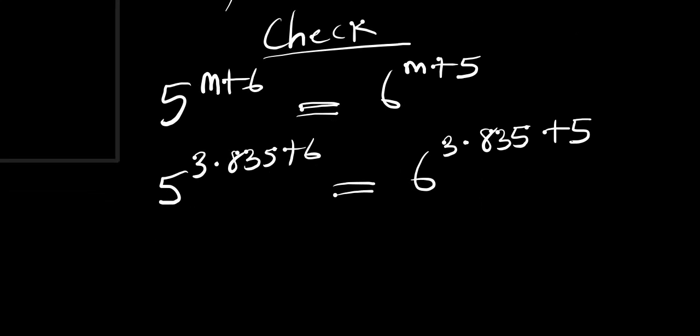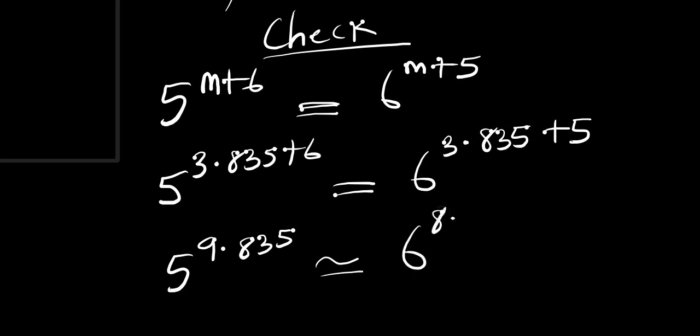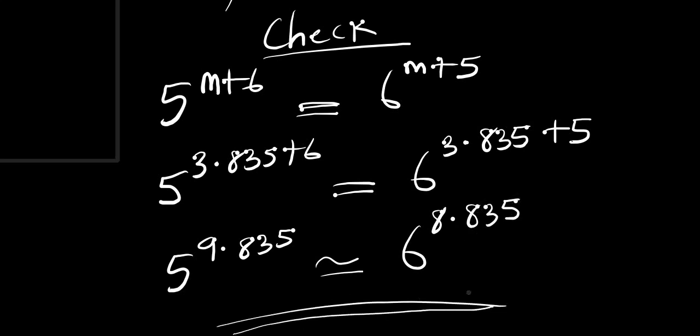So that means this will give us 5 power 9.835, and this is approximately equal to 6 power 8.835. So if you insert these values into your calculator, you have almost approximate values.